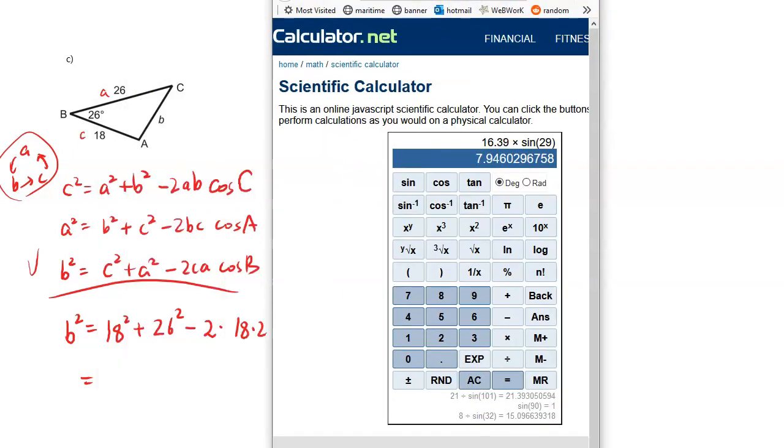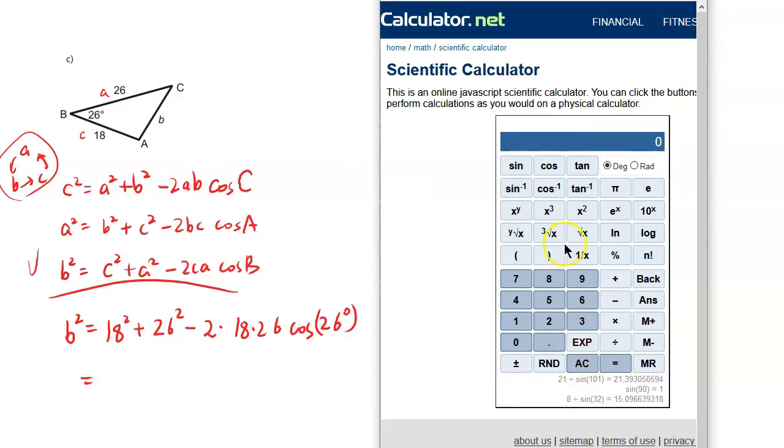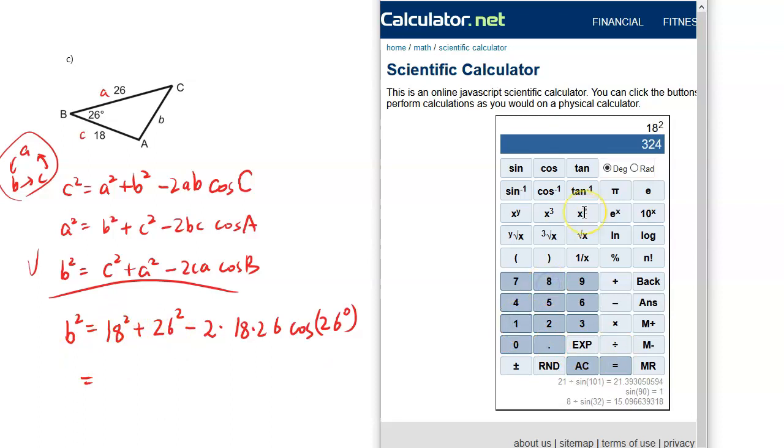Okay, I think this calculator is slightly easier to use than your hand scientific calculator. So you'll have to write all these individually. Okay, so 18 squared, and then plus 26 squared, minus 2 times 18 times 26 times cosine of 26 degrees.